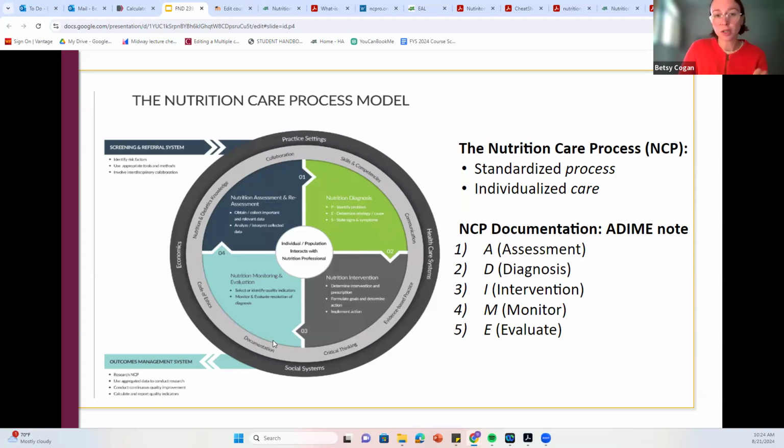And then the final quadrant is the monitoring and evaluation piece, where we identify different indicators that we will follow up on and continue to monitor in order for that goal to be achieved. So this is the nutrition care process, NCP. And broadly, these are the steps: ADIME, assess, diagnose, intervention, monitor, and evaluation.